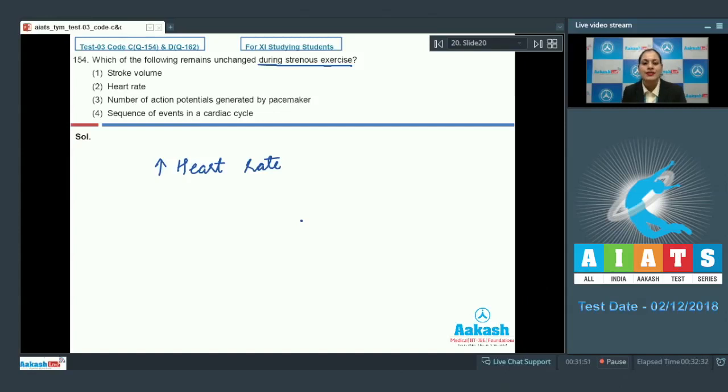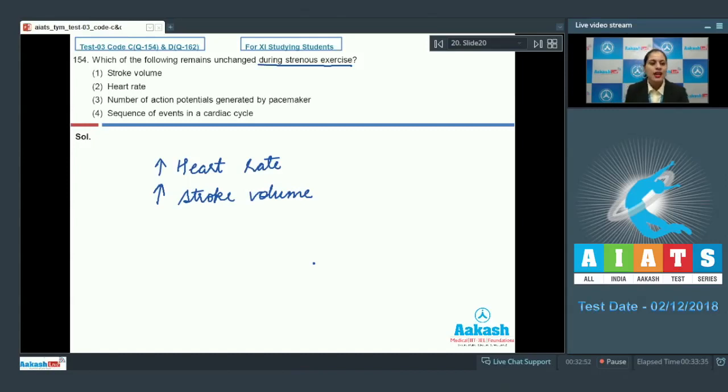Also, during this strenuous exercise, there is an increase in the force of contraction of ventricles, which will lead to the increase in the stroke volume. However, the sequence of events in a cardiac cycle remains same. There is atrial systole, which will be followed by ventricle systole.